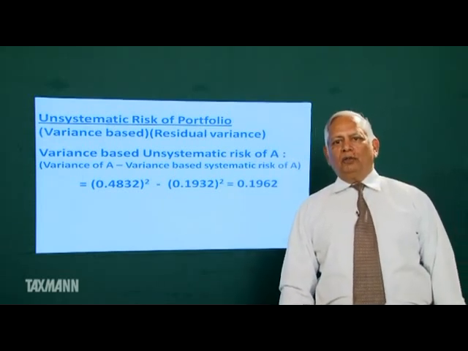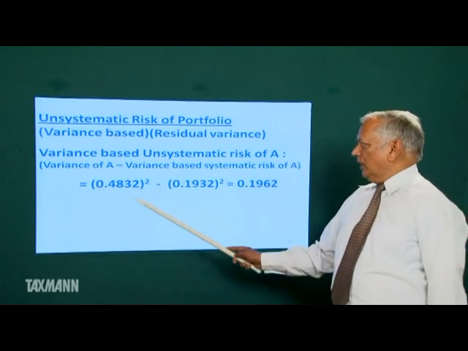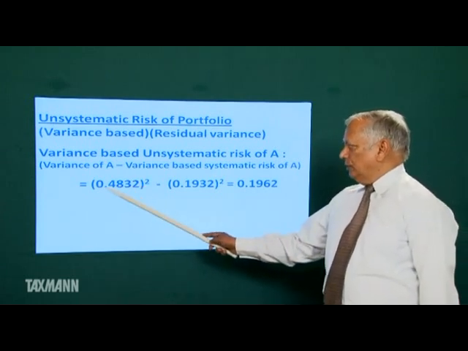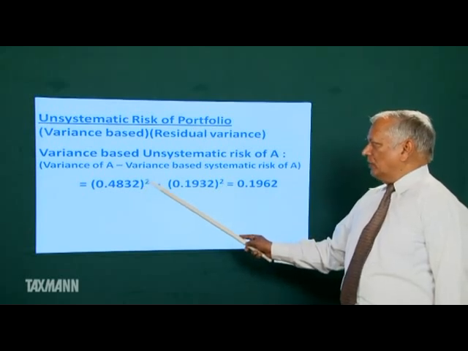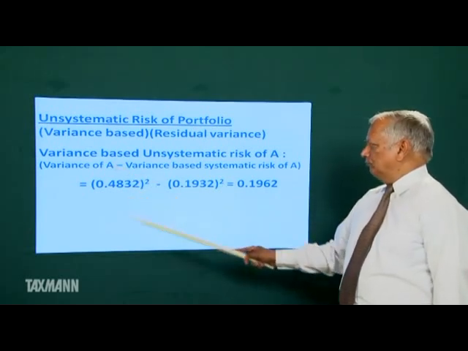In the very first part of the question, we calculated standard deviation of A. 0.4832 is standard deviation of A. If I take its square, it will be variance of A.